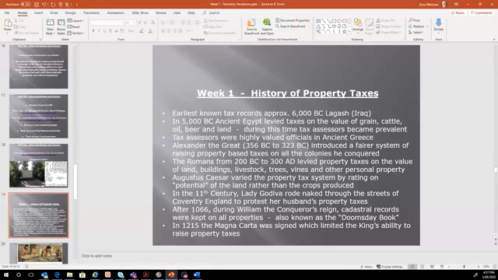That might seem similar to some concepts that you've been exposed to, and you'd be right. This variation in the property taxing system that Augustus Caesar introduced was the forerunner to what we know in today's terms as highest and best use.